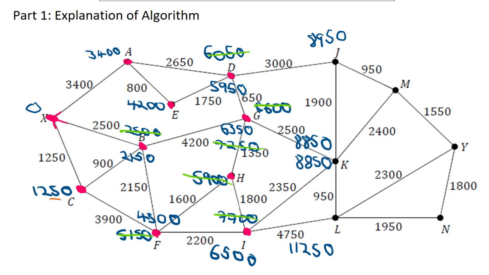So to go from K, we go up, and that will give us 10750. And then from K to M, which gives us 11250.